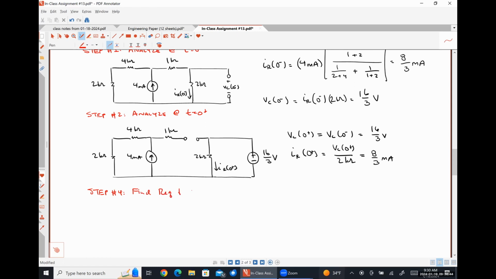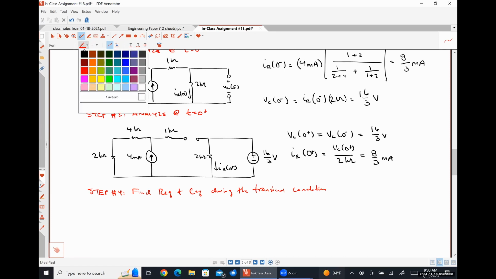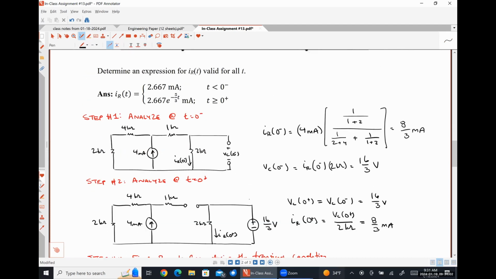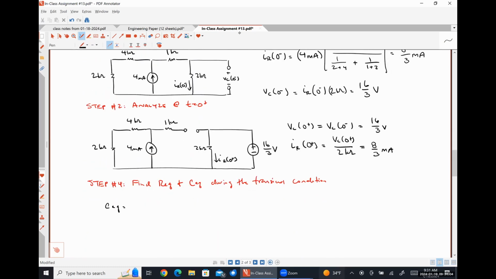Find REQ and CEQ during the transient condition. And once again, we have a situation where there's literally only one energy storage element. So CEQ should just be 300 microfarads.